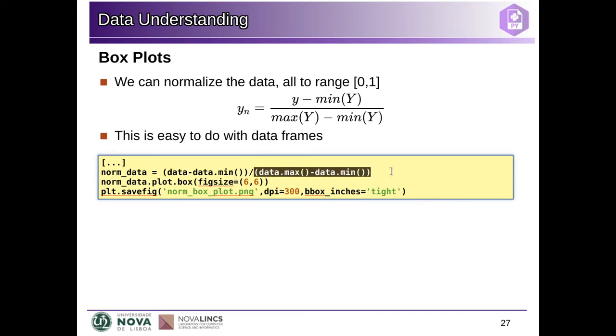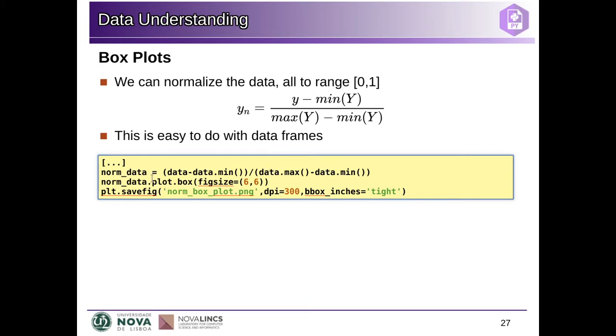So we can subtract the minimum from the maximum. This will be an array with the maximum values for all the columns. This will have the minimum values for all the columns. This difference will also be an array with all the differences for all the columns. So when we do this operation here, we are dividing each column by the distance between the maximum and the minimum. So it's very easy to do this normalization, or this is an illustration for any kind of these sorts of operations that you want to do. So if you need to do some operations that broadcast through all your rows or columns or all the table, you can do it easily like this.